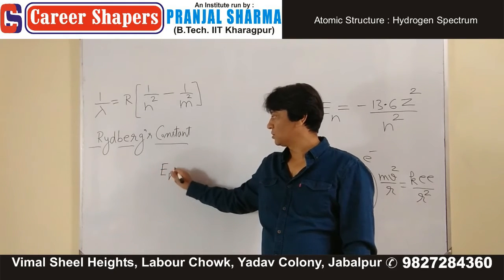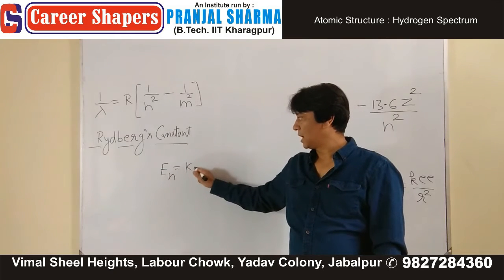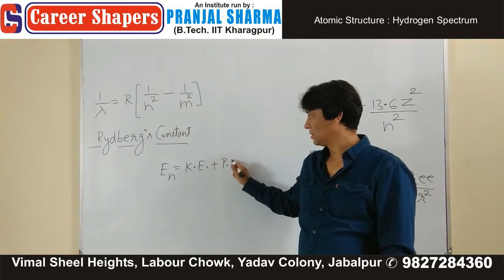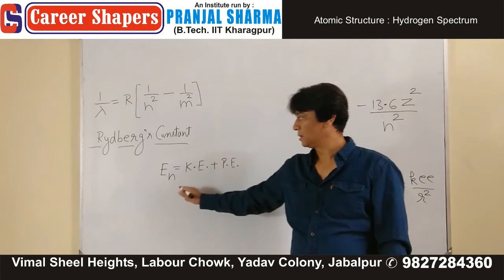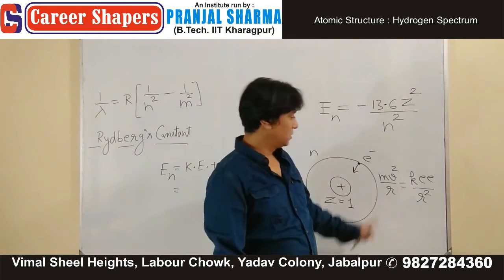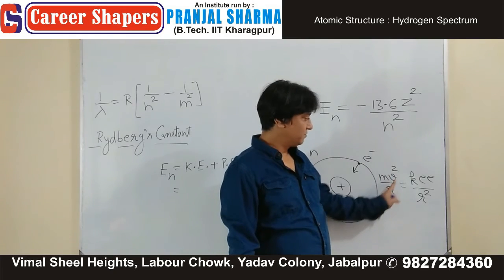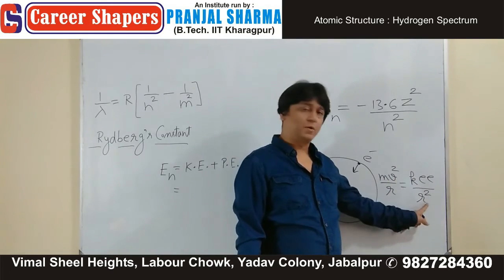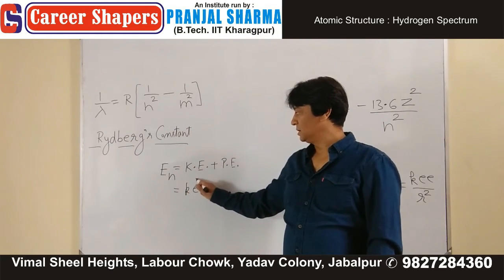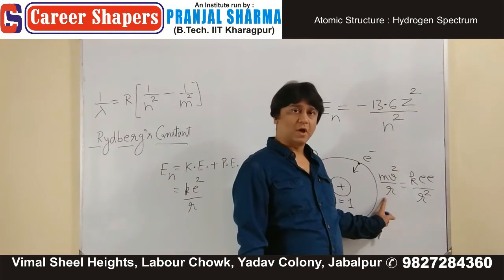Energy in nth orbit. What is the energy? K plus P. K is half mv square. Look here. What is half mv square? Half mv square is K e square upon 2r.